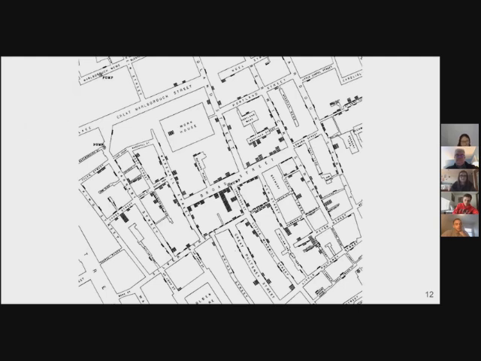What's interesting about his approach is he took a data science approach, as we would call it right now. In particular, he had a map, as you can see, of a particular area, the Soho area of London back then. You will see little stacked up items, and each of these represents a death. So he was really making a mapped version.